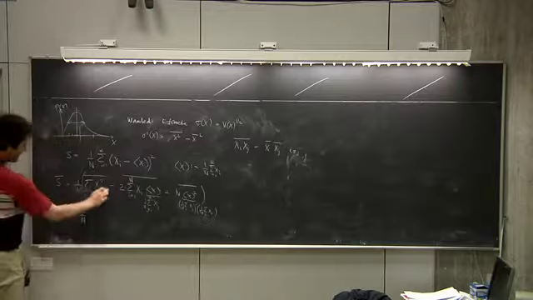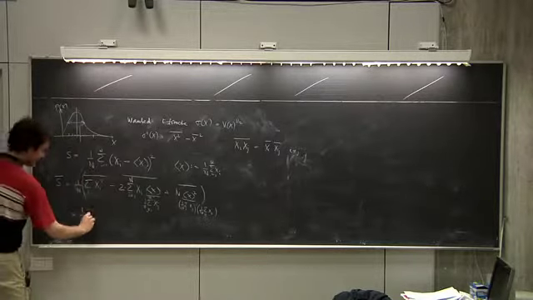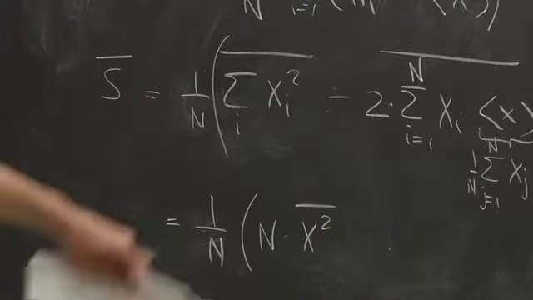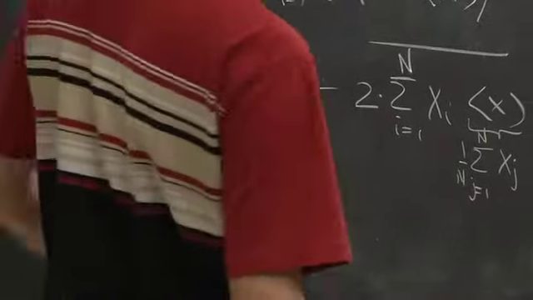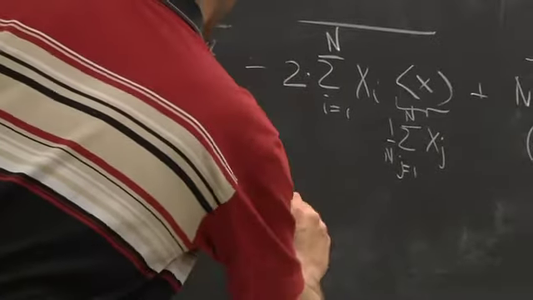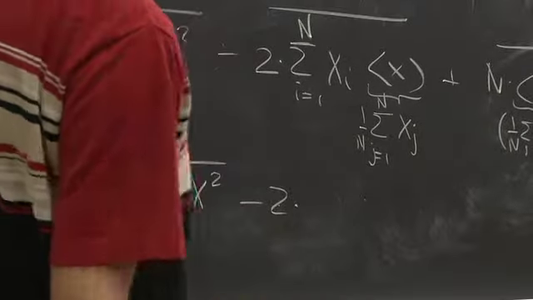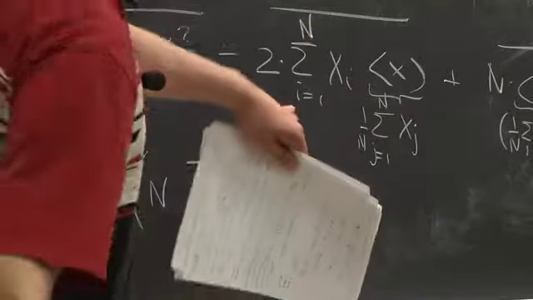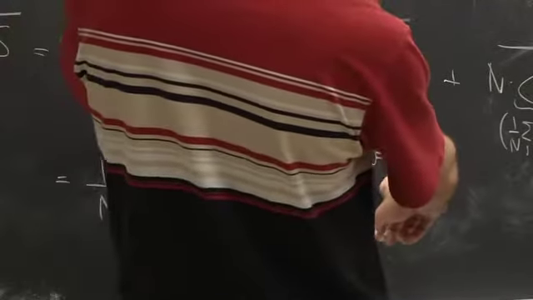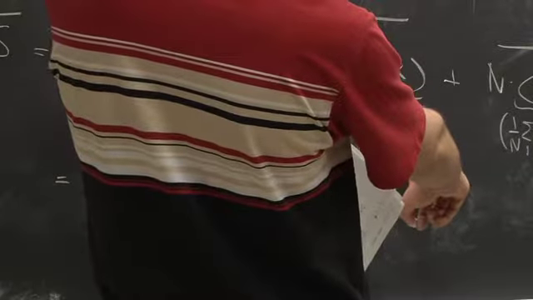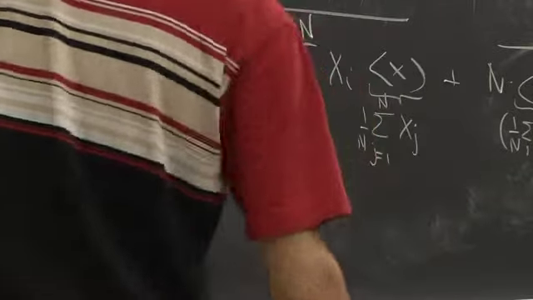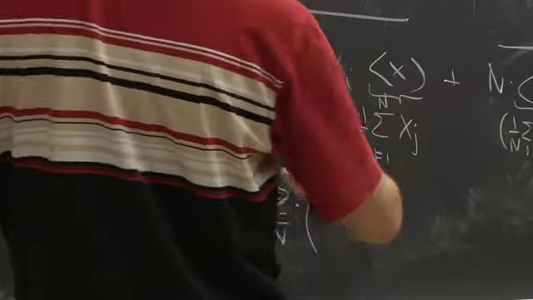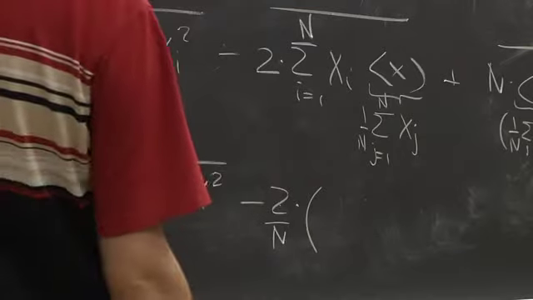So what do I get here? Here I get n times the average of x squared. Okay. Now here, what do I get? I get minus 2 times 1 over n from here. Okay, now I have a sum over i and j of the average of xi and xj. Okay, now this average I should split into i equals to j and i not equals to j.